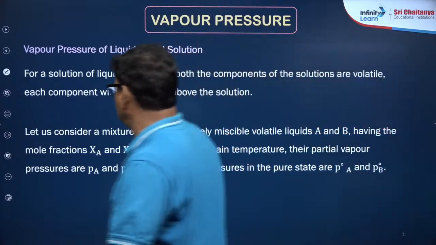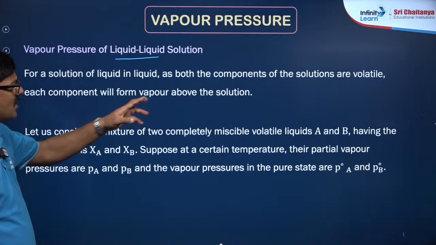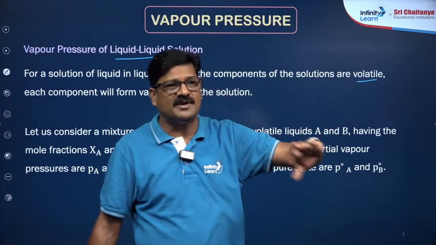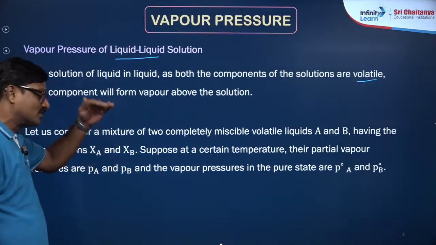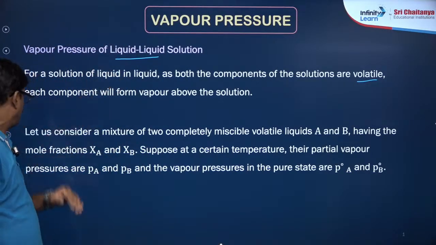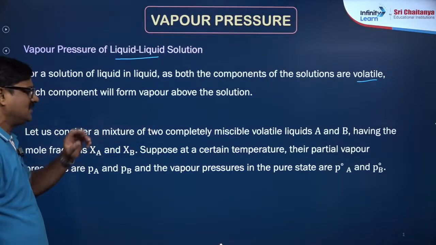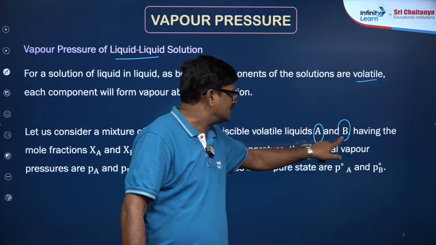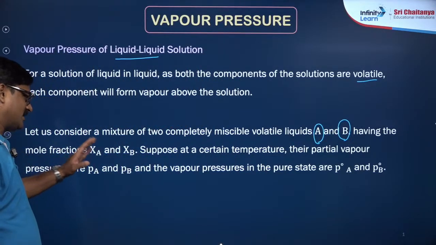So let's talk about a solution of a liquid in liquid, where both the components are volatile. Liquid means it's supposed to be volatile, and each component forms vapor above the solution, right? Let us consider a mixture of two completely miscible liquids, A and B, whose mole fractions are XA and XB.